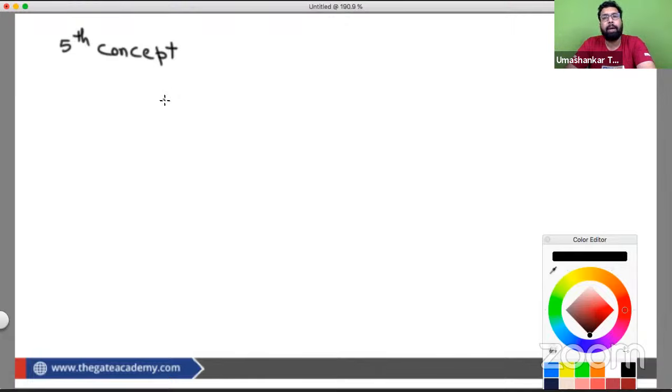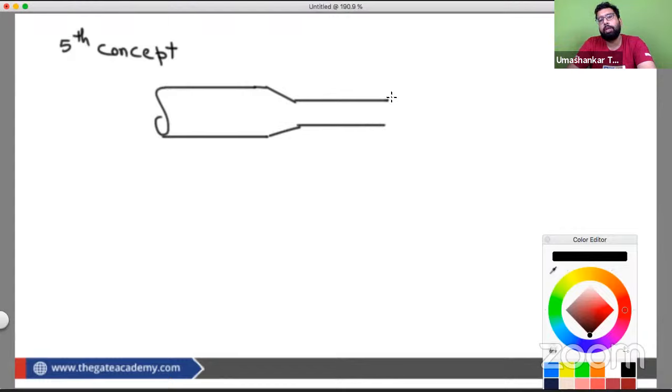Let's see it with the Venturi meter. Let us suppose we have a Venturi meter. A Venturi meter is a flow measurement device which has one throat section, like this.